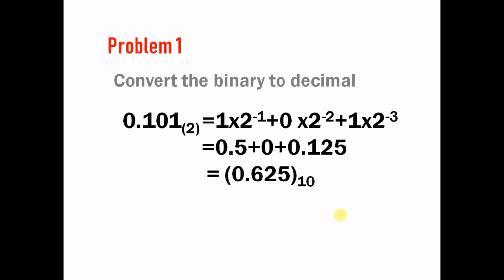So we have to convert the binary to decimal, that is 0.101 binary. To convert this one, we have to put the weights for every digit after the decimal point.